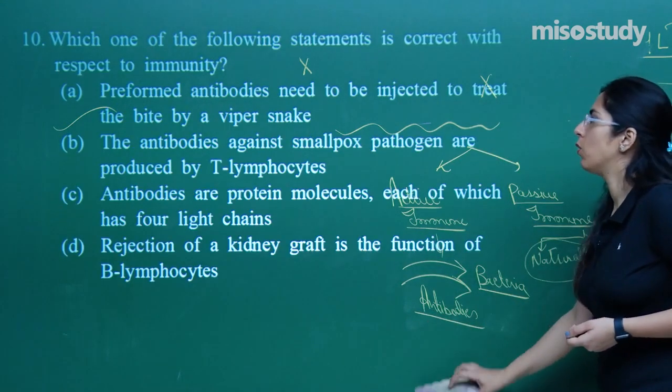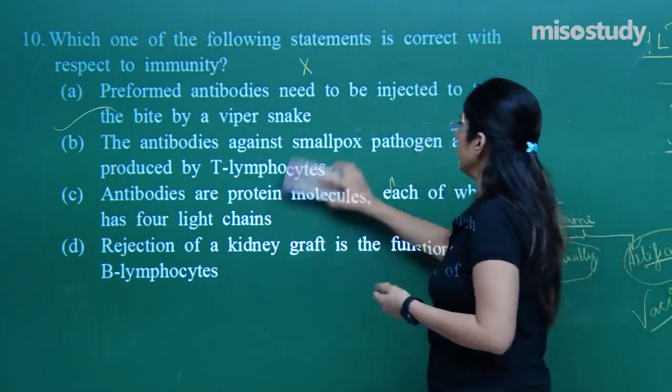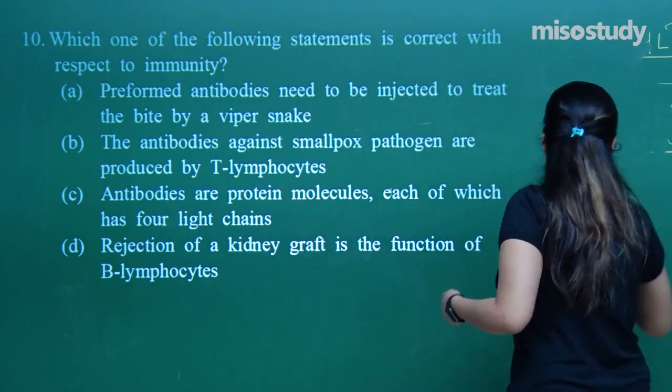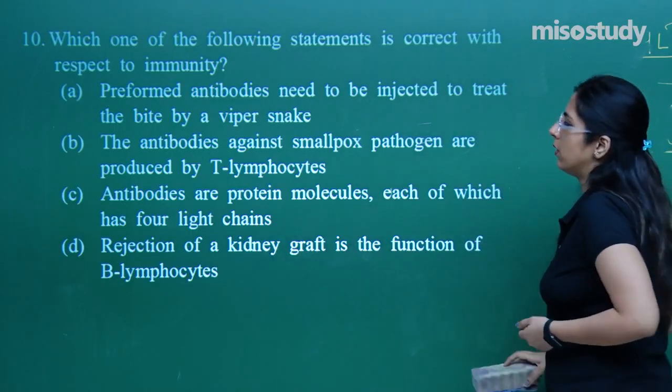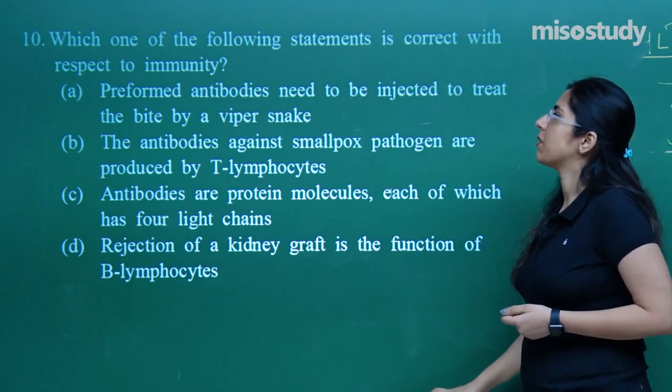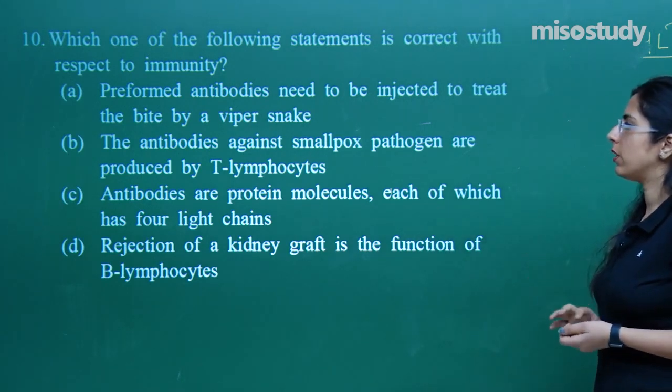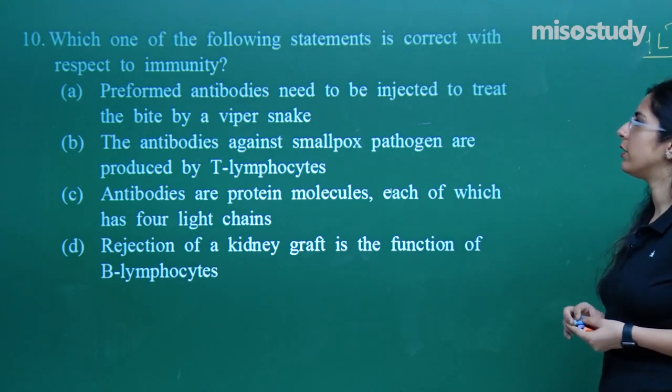Let's talk about question number 10. Which one of the following statements is correct with respect to immunity? This is also a question from the immune system. Preformed antibody needs to be injected to treat the bite of a viper snake.